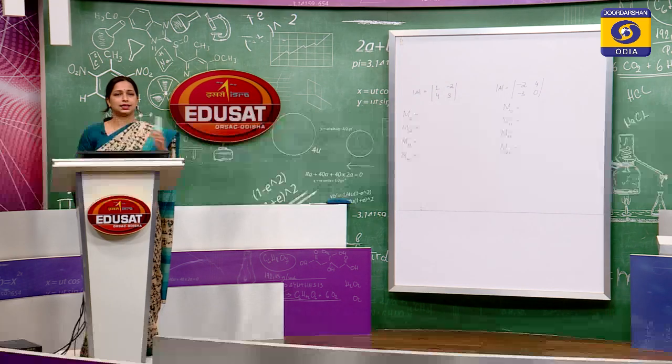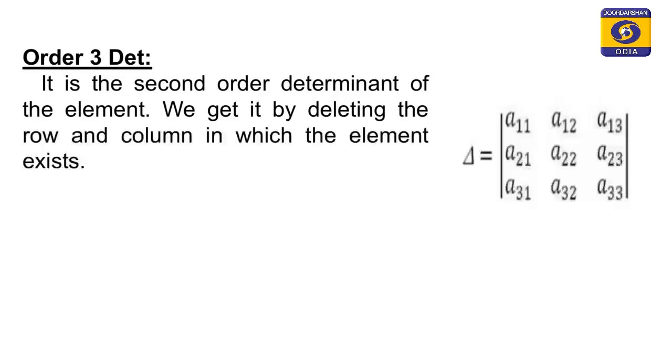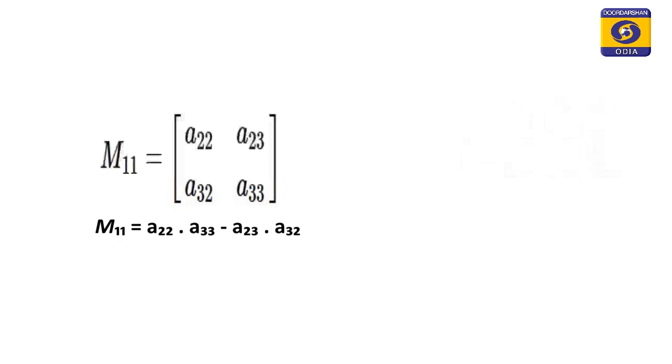Now, let us see how to find the minor of each element. Let us say A11. A11 lies in the first row and first column, so we delete the first row and the first column, and the resultant 4 elements, A22, A23, A32, A33, contribute to its minor. In the next slide you can see the minor of A11 is A22, A23, A32 and A33.